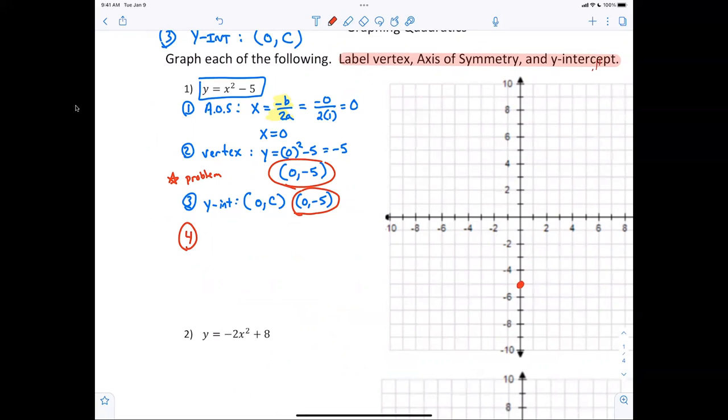I need to find a second point. In order to find a second point, you have to pick another x value that isn't the vertex. What's the easiest number to pick? 1. Exactly. You just put in 1. Select any point that is not the vertex.